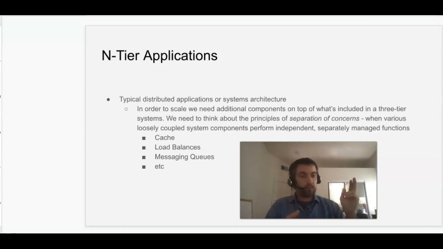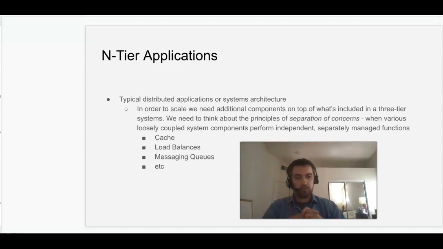That typically involves things like a caching tier to provide ability to retrieve information very quickly. Load balancing, because you're going to have multiple servers at the web or database tiers, and you need to be able to send traffic across these multiple servers. So your load balancing is going to be a requirement.